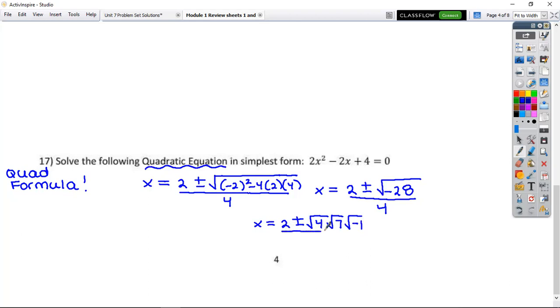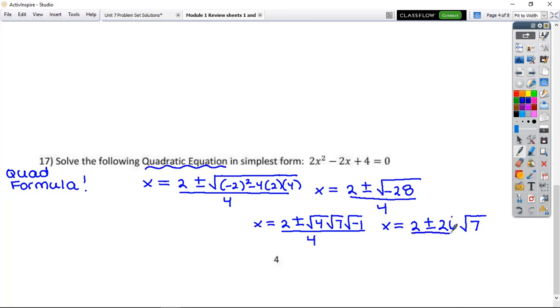So over 4. So nice and slow. I have x is equal to 2 plus or minus. The square root of 4 is rational, it becomes 2. Your 7 stays inside. And the square root of negative 1 becomes the I.